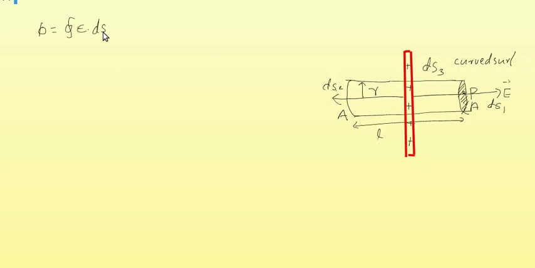So closed integral ds means what? It is integral ds1 plus integral ds2 plus integral ds3. So now you can factorize this closed integral E ds as integral E ds1 plus E ds2 plus E ds3.